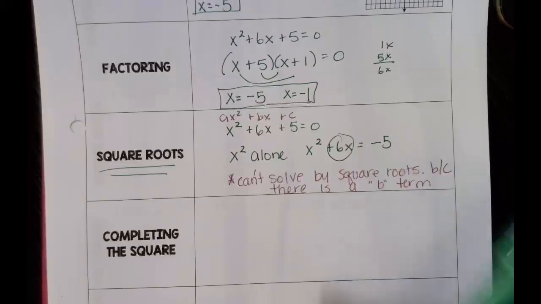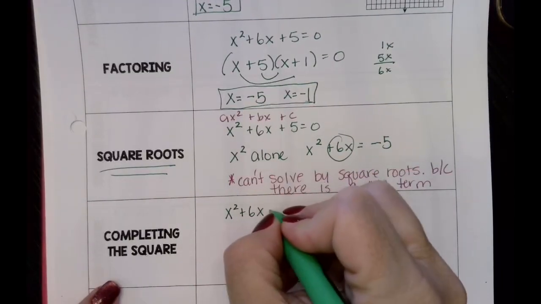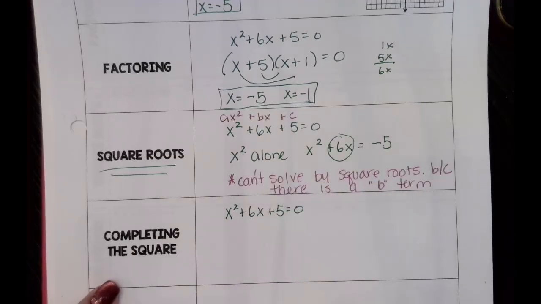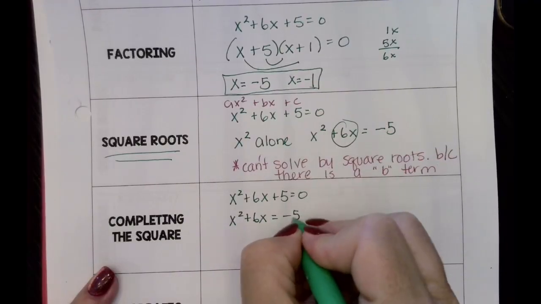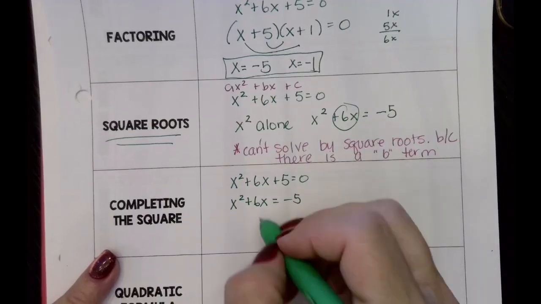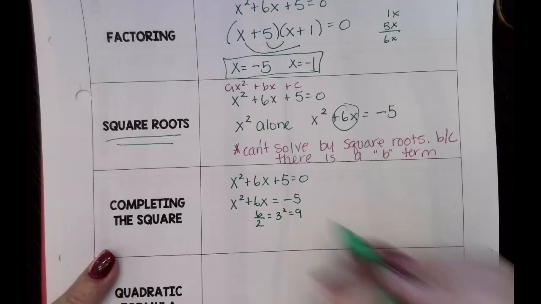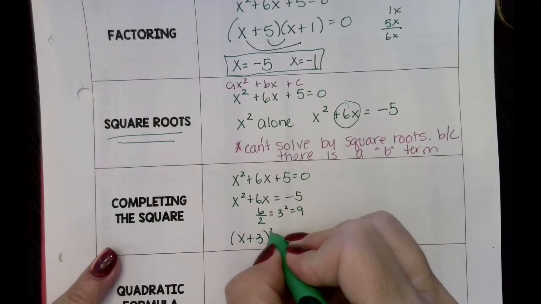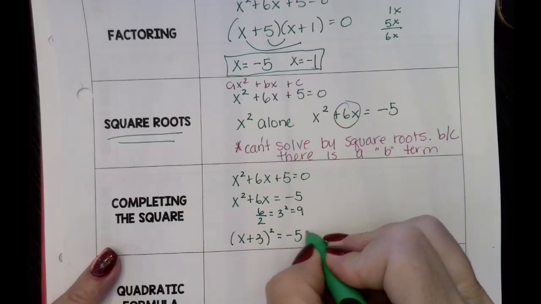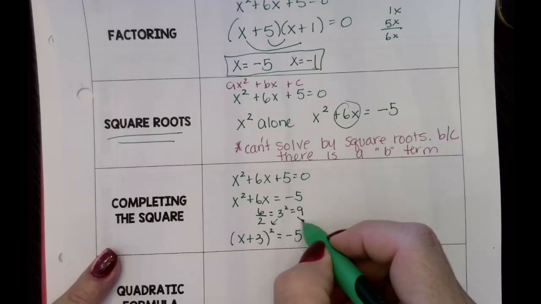All right, now let's go in here and do completing the square. I'm going to write down my equation again. When we complete the square, step 1 is to move that 5 over. The next step is to take half of the middle term. So this gives me (x plus 3) squared equals -5 plus 9. The 3's on this side, the 9's on this side.